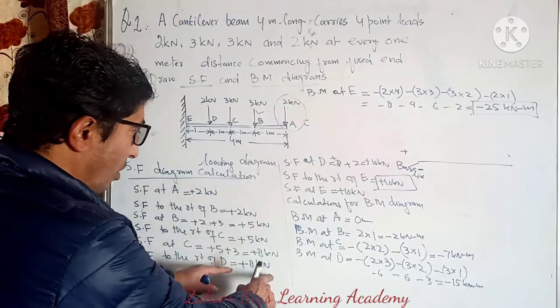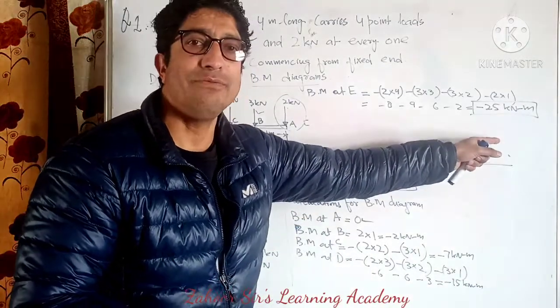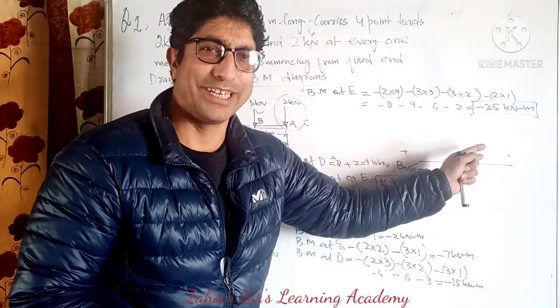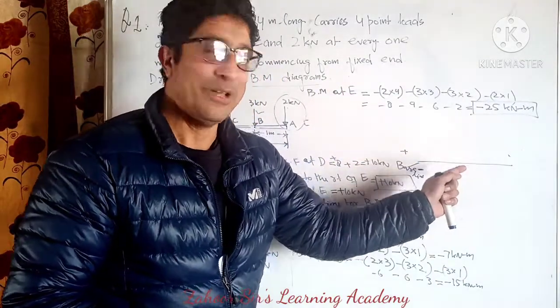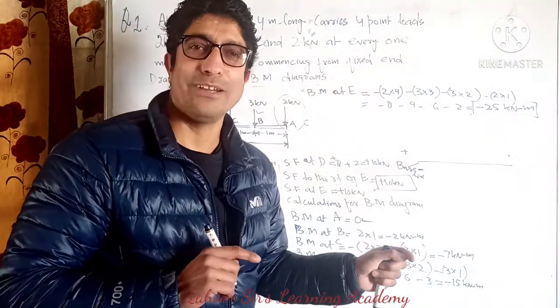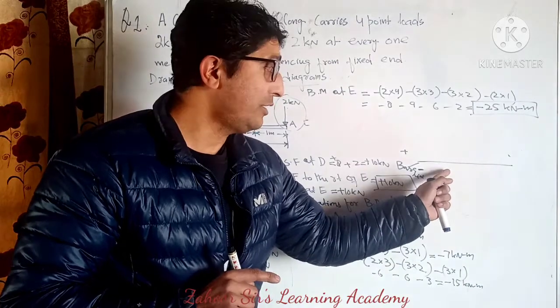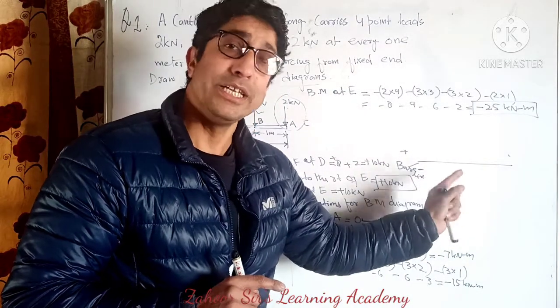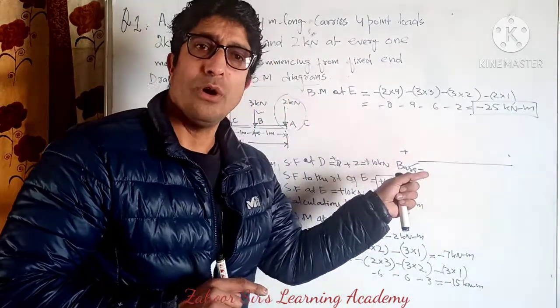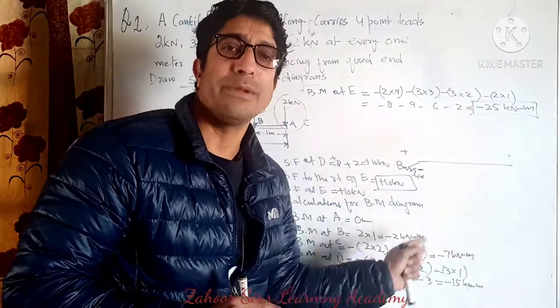All SF values are positive, therefore the SF diagram will be where? Yes, you are right, that will be above the baseline. And all BM values are negative, so the diagram is going to be below the baseline. So you can draw both the diagrams either on the same baseline, or you can also draw a separate baseline for the BM diagram.